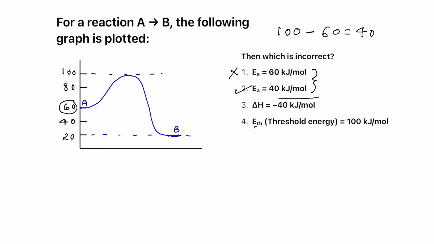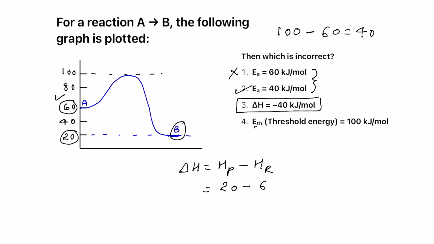Now we can check the enthalpy of reaction. Enthalpy of reaction means enthalpy of product minus enthalpy of reactant. The enthalpy of product is 20, minus the reactant 60. 20 minus 60 is minus 40.